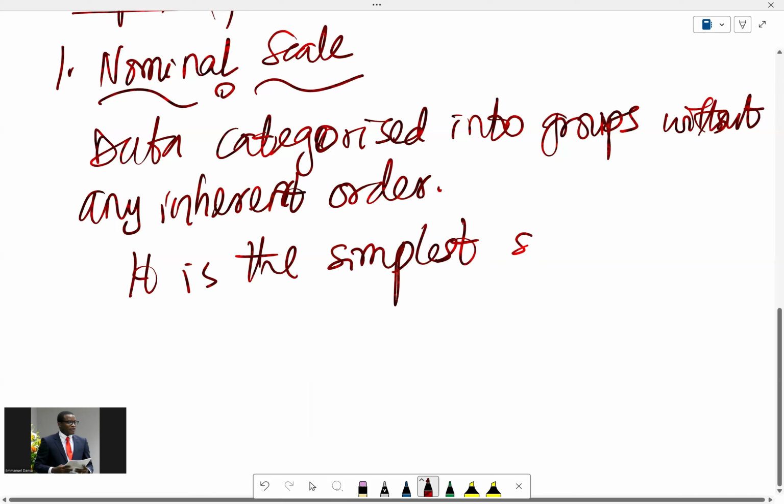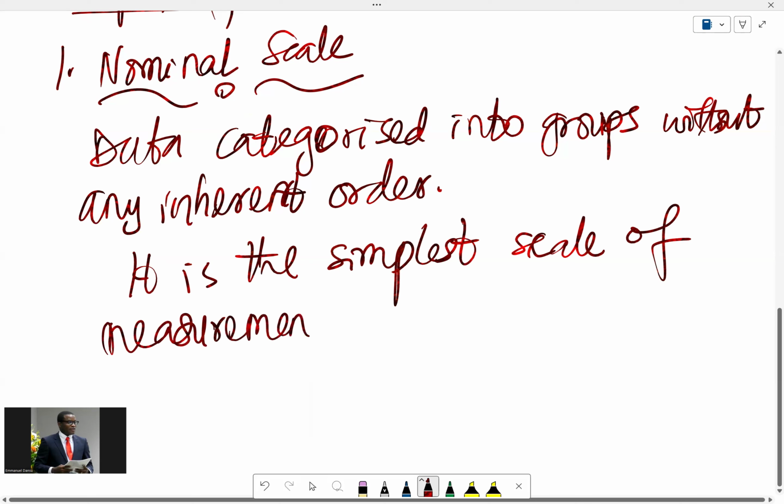It is the simplest scale of measurement.